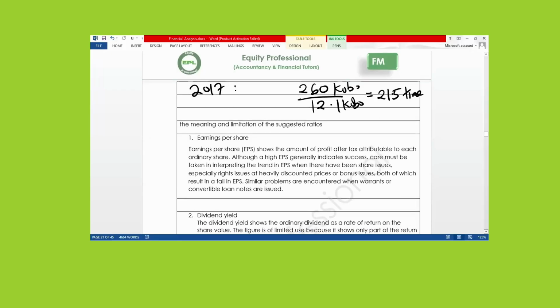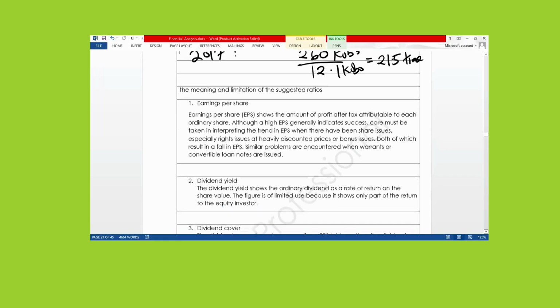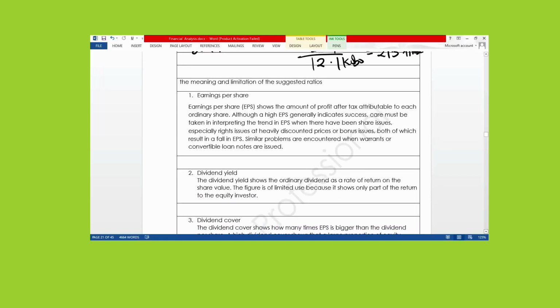Number 2, dividend yield. What is dividend yield? Dividend yield shows the ordinary dividends as a rate of return on the share value.